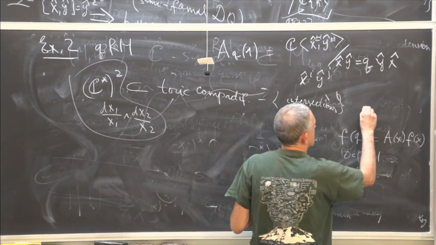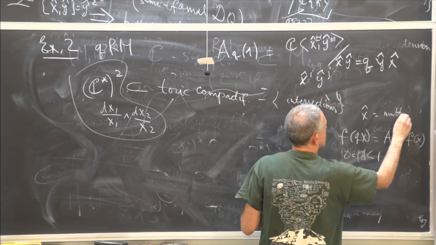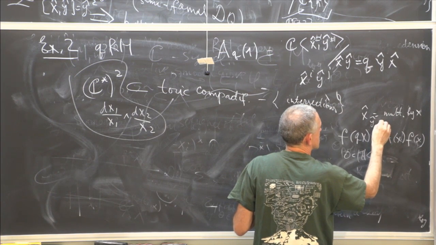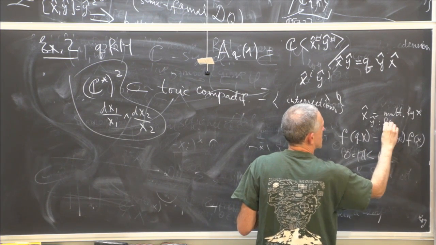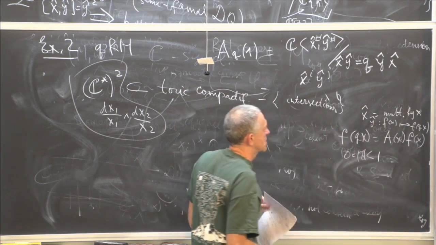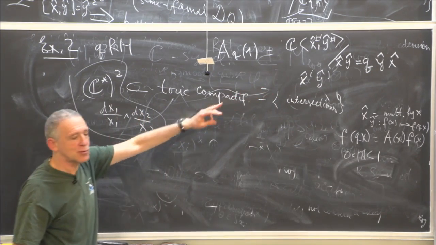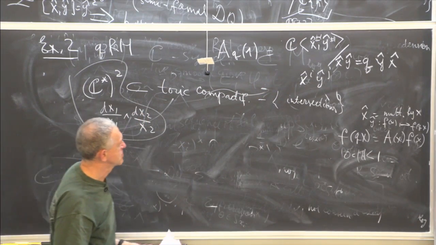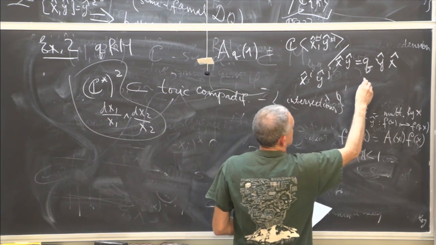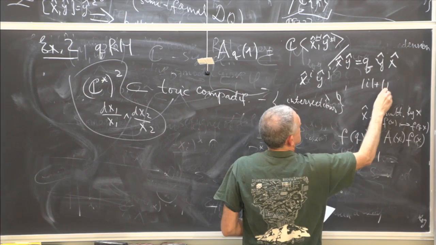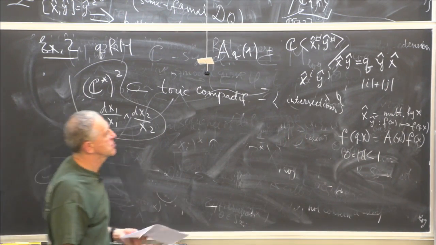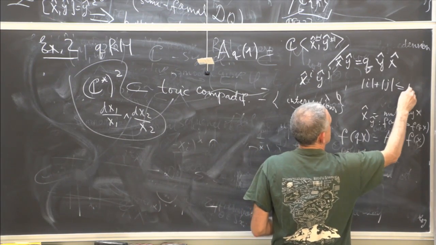Okay. x hat is multiplication by x, and y hat is a shift, f of x goes to f of qx. Maybe up to changing q to q minus 1. So there is a filtration on this algebra by the total degree. So it's a Bernstein filtration.